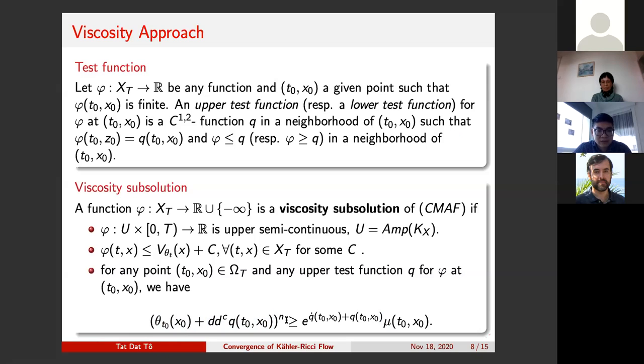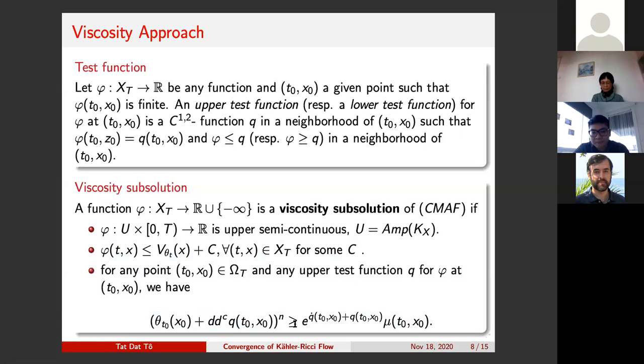So the left-hand side can be defined in the classical setting, and the right-hand side is also classical. This test function allows us to test the subsolution property in the classical sense, because the function phi here is just upper semi-continuous. At the beginning, you cannot define dd^c of this function in the classical sense, so we need a test function to determine the subsolution inequality here.